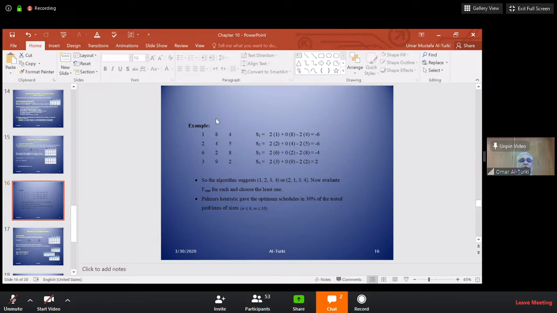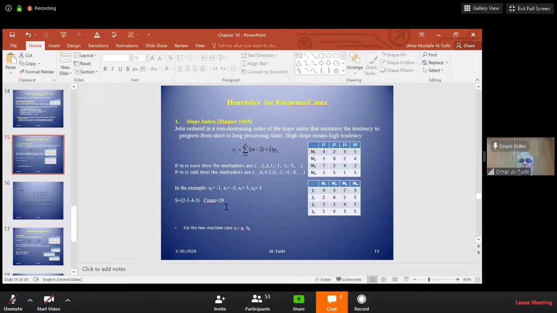So if you go back to the multipliers, if m is odd, the middle machine is multiplied by 0, the machine before that is multiplied by 2, and the machine after that is multiplied by minus 2.